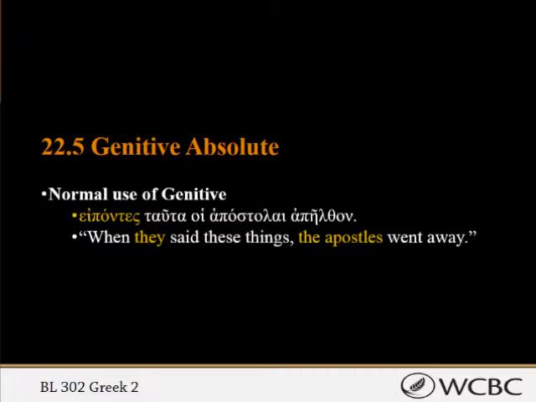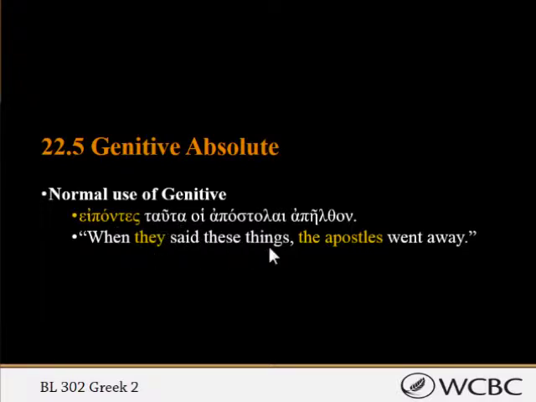So when we translate this one, again, it's in the genitive form of the participle. And so as we're translating this, we're going to just identify this as a temporal clause. Again, the participle is by itself, so we're going to create a temporal clause. When they said, so again, this dealing with the participle, they said, tauta, these things.